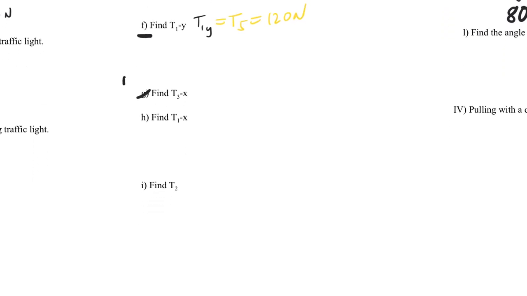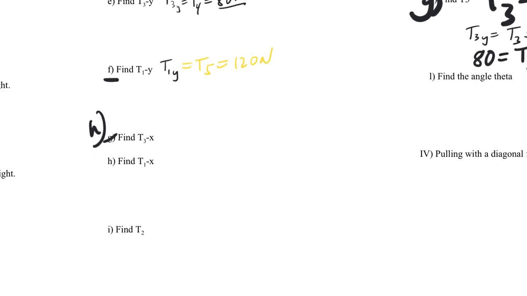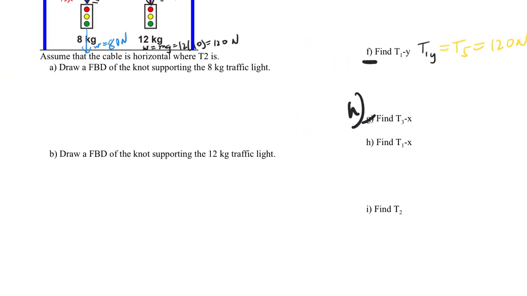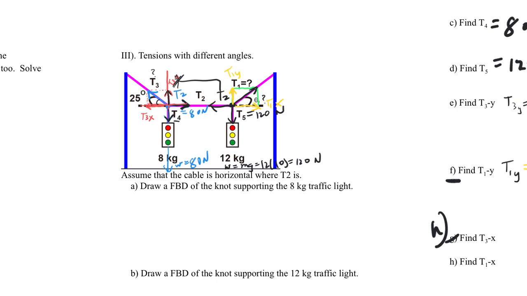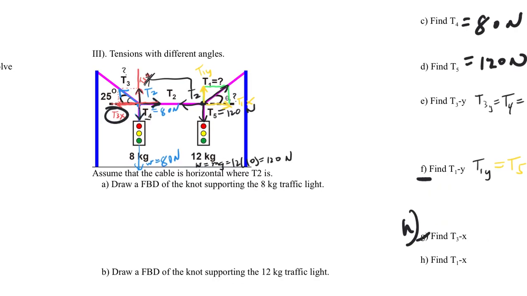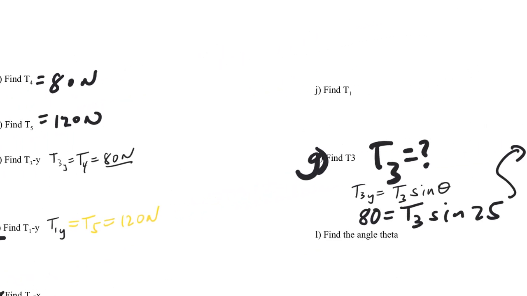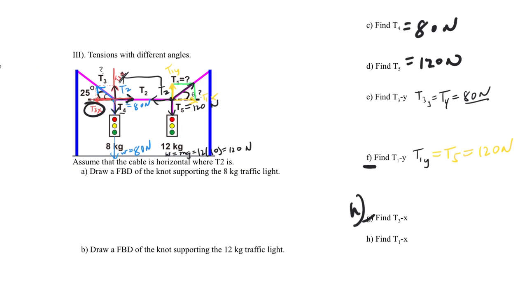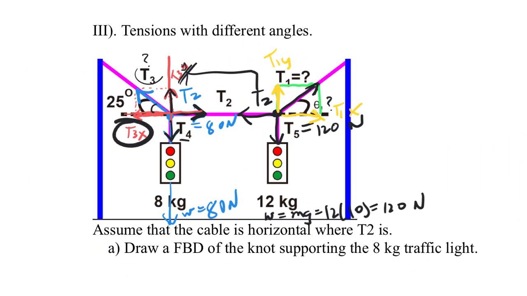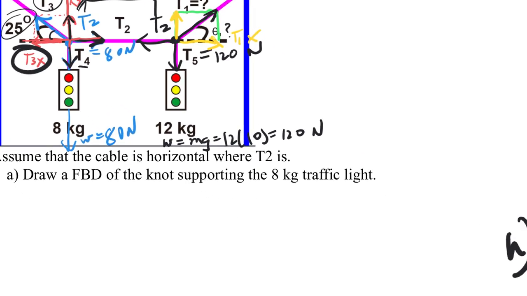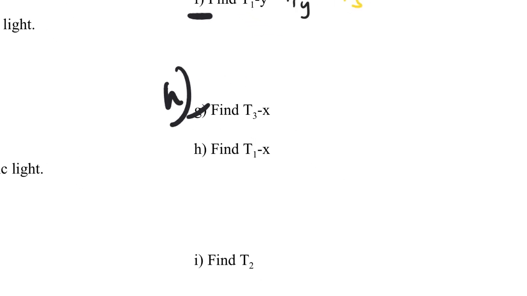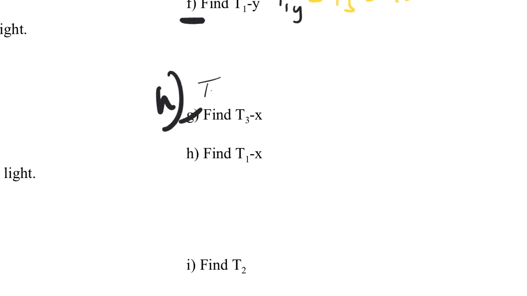Okay, now we're going to find T3x. So let's call this letter H. Okay, let's look at our diagram. Since I have T3 and the angle 25 degrees, I can find the x component of T3. So T3x is equal to T3 cosine of the angle.